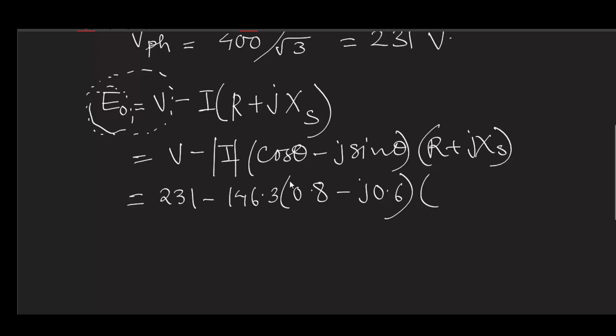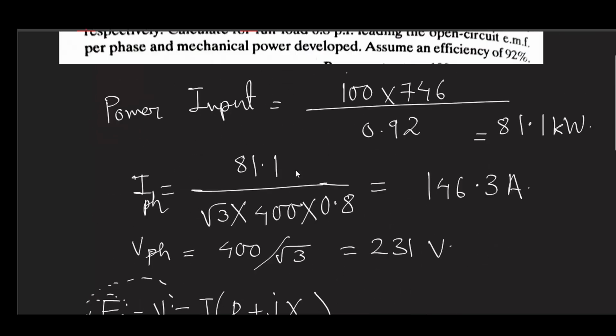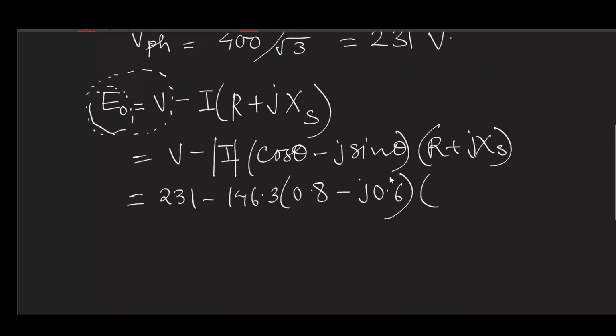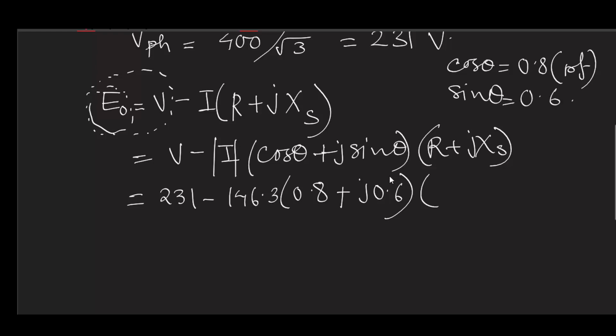okay, sorry, here it is mentioned that the power factor is leading. So if the power factor is leading, then it should be plus j sin theta. Cos theta is 0.8, then the corresponding value of sin theta should be. Now, R is how much?